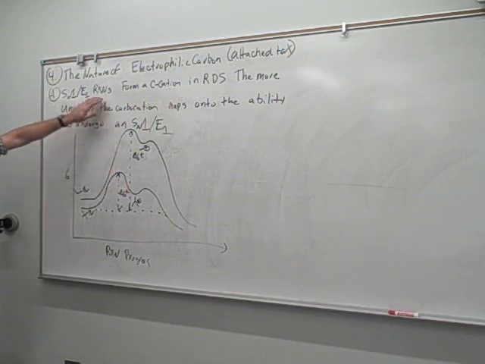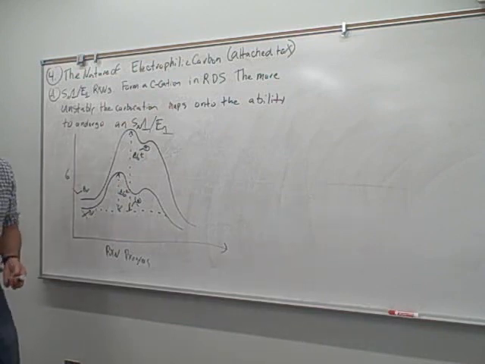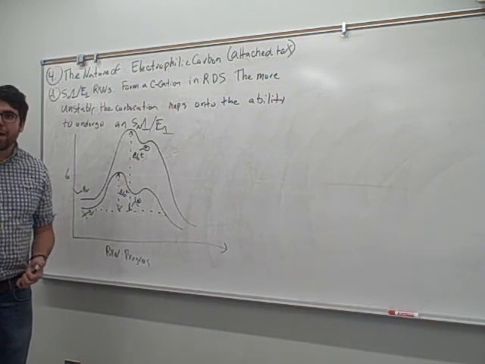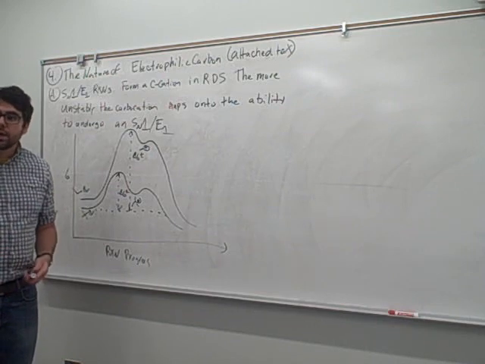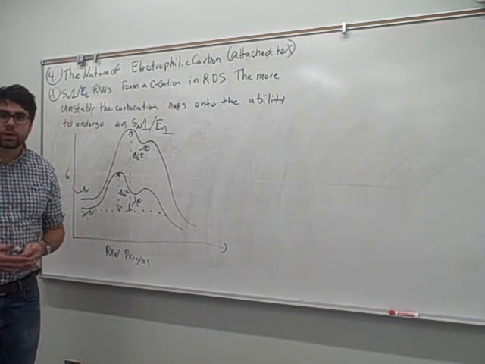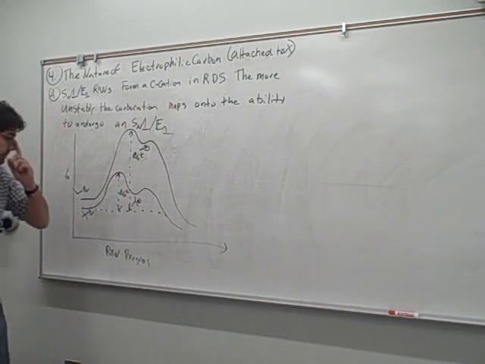This is reflected in the statement up here that SN1 or E1 reactions form a carbocation in the rate determining step. The more unstable, the more unhappy a carbocation is, the slower the reaction is going to be. In other words, the stability of the carbocation formed maps directly onto the ability to do an SN1 or E1 reaction. So let's dig into this just a bit.